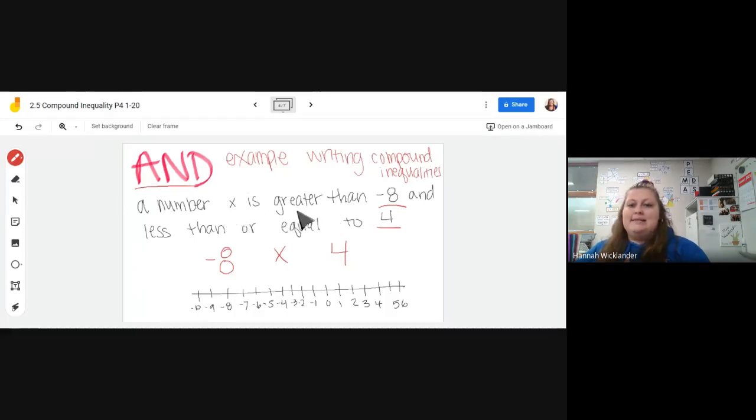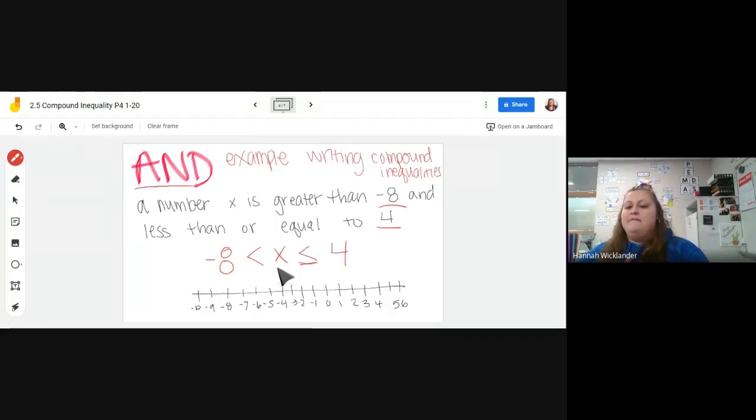So a number x is greater than -8. So x is greater than -8, alligator mouth towards x, because x is greater, and less than or equal to 4. So it'll be underlined for "or equal to", and then x is less than, so it'll have the mouth towards the 4.